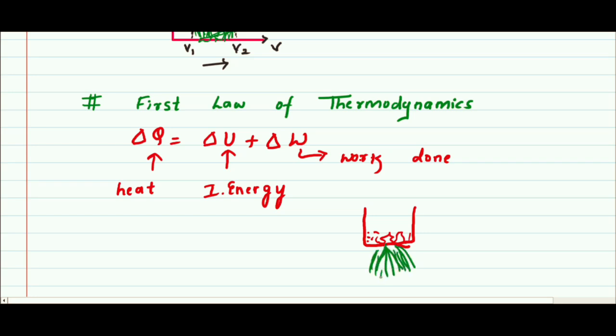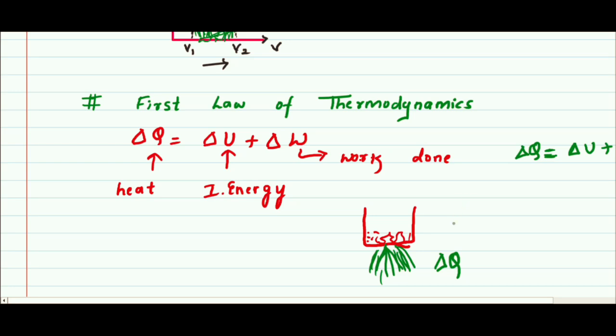So if we supply heat energy, delta Q is supplied, right? So the delta Q is supplied and delta Q is converted into delta U plus delta W.